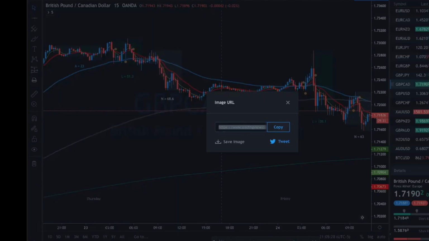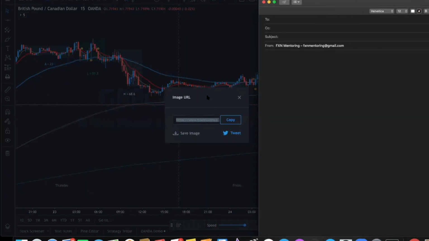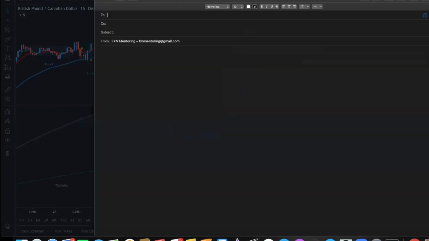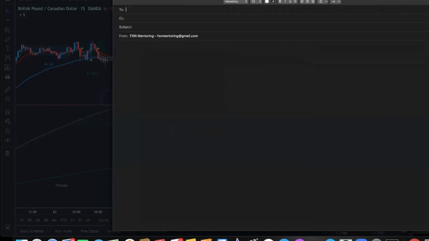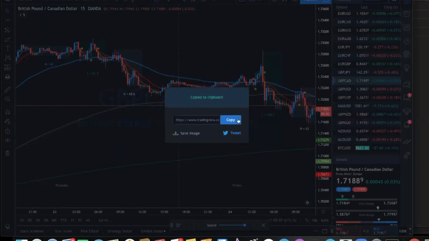Let's say you're doing homework, right? And open up an email. Let's say you're doing type 1s, and then start collecting your screenshots for type 1s. So copy and then paste it. Boom, there's one. You keep going to the next one.